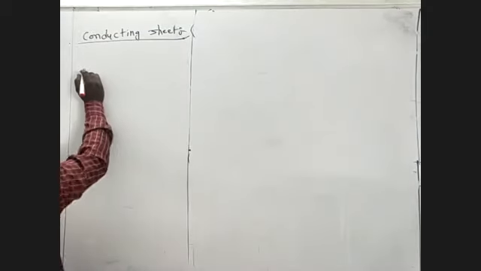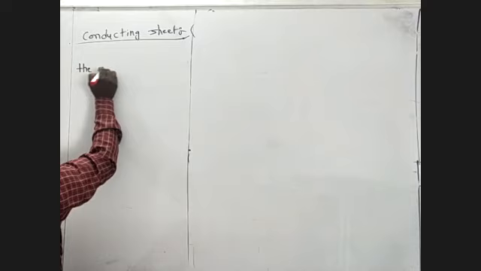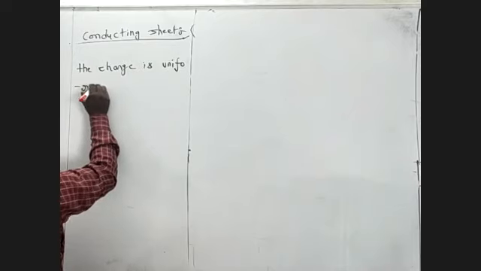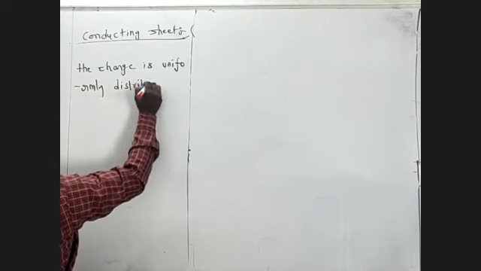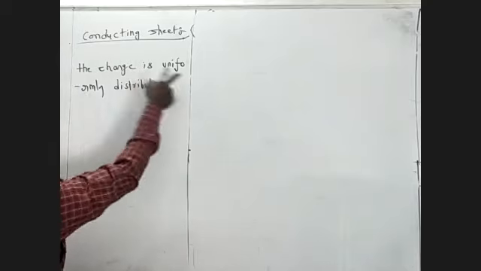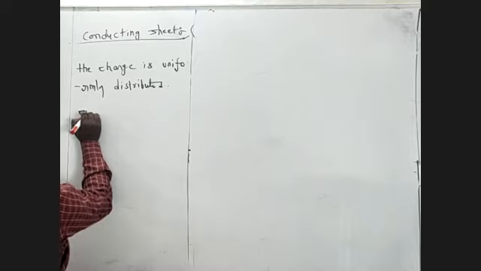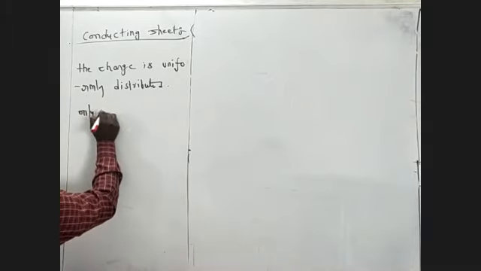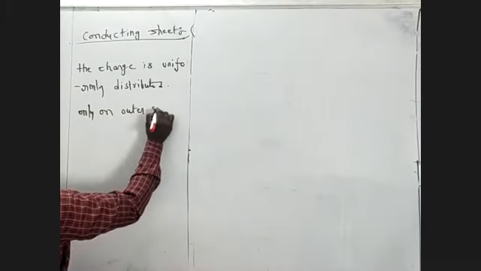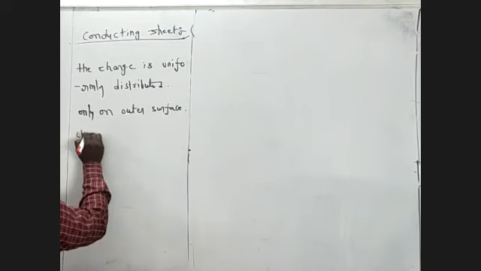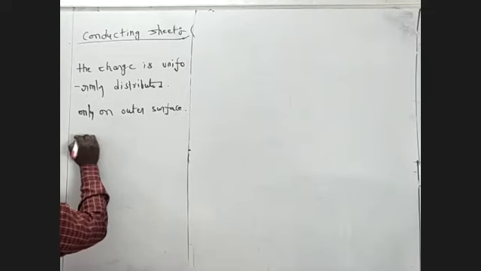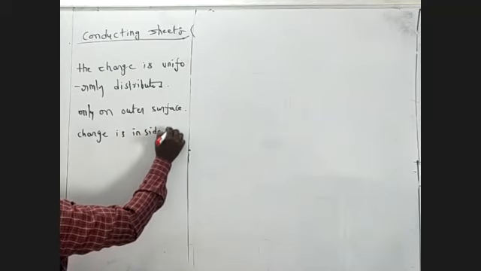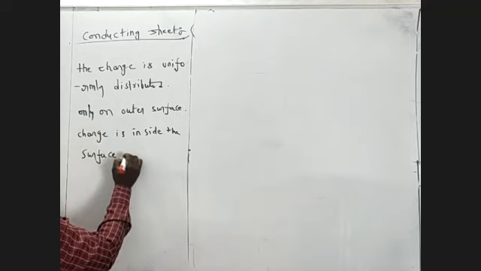Conducting sheet. What is the meaning of it? The charge is uniformly distributed only on the outer surface.